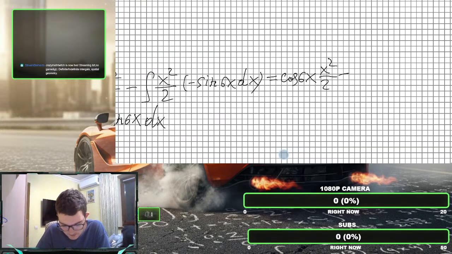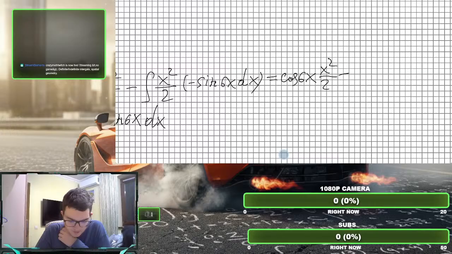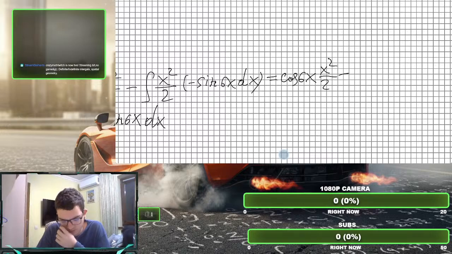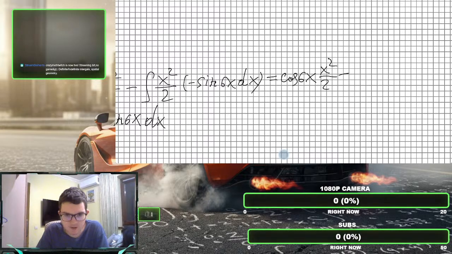Now, essentially we have once again the integral of x to the power of 2 divided by 2 times that. So I need to integrate by parts once again, I think. Will substitution work here?